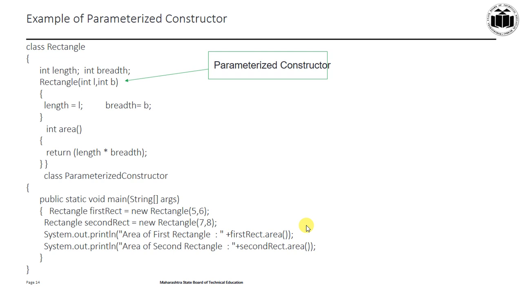So here is the example of parameterized constructor. We have created one class Rectangle and here we have created the constructor. In that constructor we have passed the parameters, that is int L and int B. So this constructor is called a parameterized constructor because we pass the parameters into that constructor.